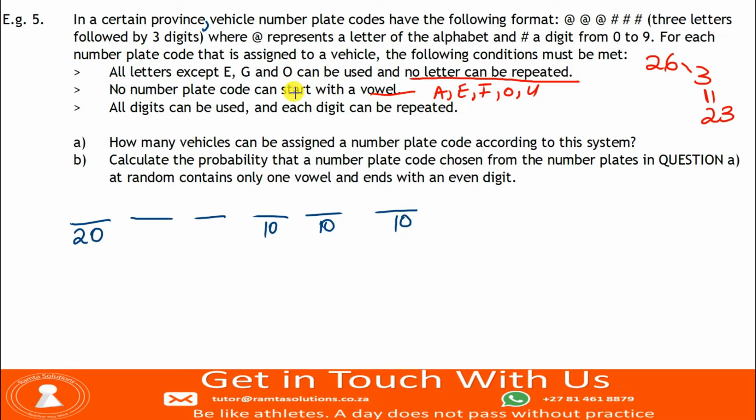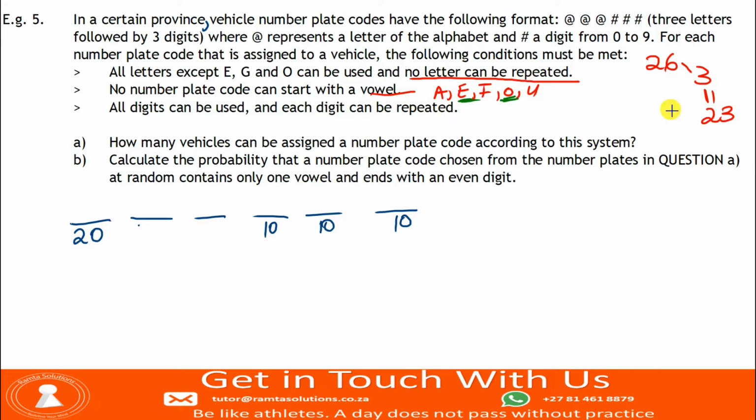Now, they said no number plate can start with a vowel. So, now that here you have taken one of the consonants, and remember, here no vowel can be used, but in these 2 places a vowel can be used. So if you have taken a consonant, you have 23 letters to choose from, because this one and this one you don't consider at all, right?